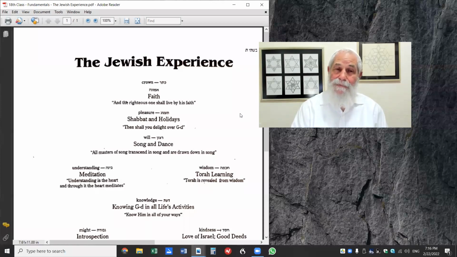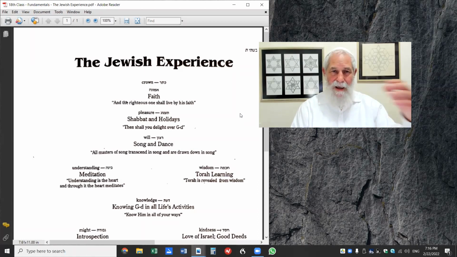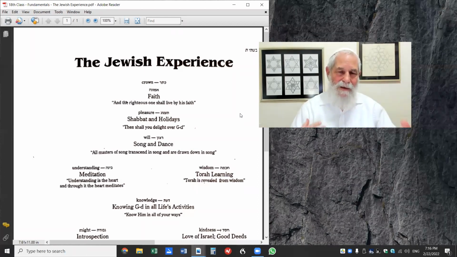I told him about my attempt to make a model about meditation. The ride took about 45 minutes, but in the back and forth between us, we expanded the idea of this meditation to the idea of all Jewish experience.